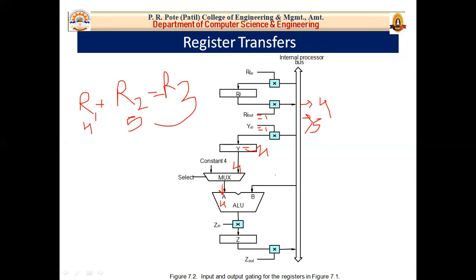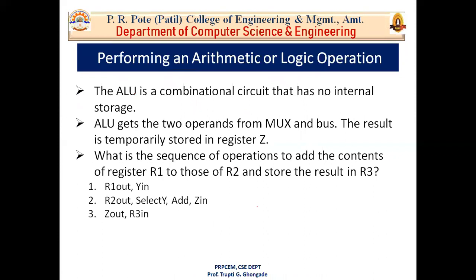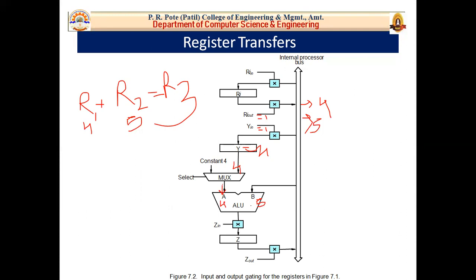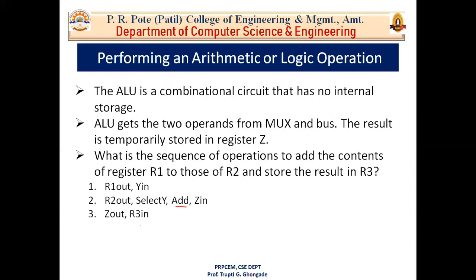And now the ALU directly takes that 5 from the processor bus. That means now your ALU contains value 4 and 5. After that we have to perform the add operation. The arithmetic and logic unit will perform addition and the result will be 9.